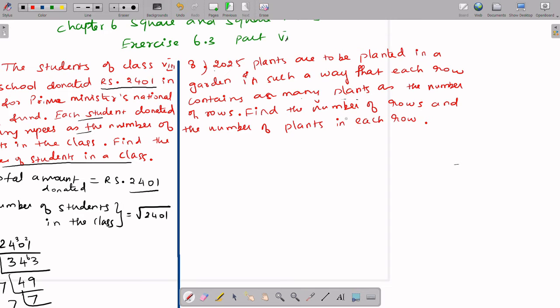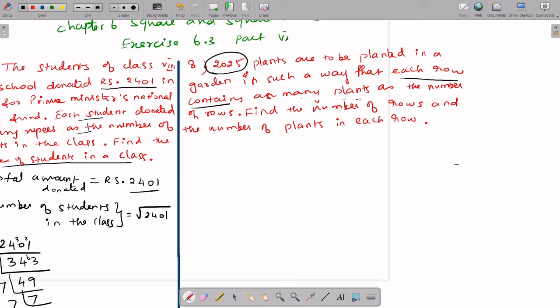2025 plants are to be planted in a garden in such a way that each row contains as many plants as the number of rows. Find the number of rows and the number of plants in each row. The question is, the total plants we have is 2025, and the condition is that each row contains as many plants as the number of rows.